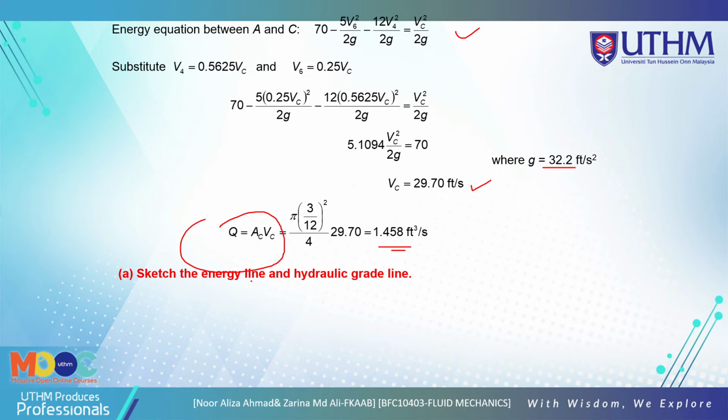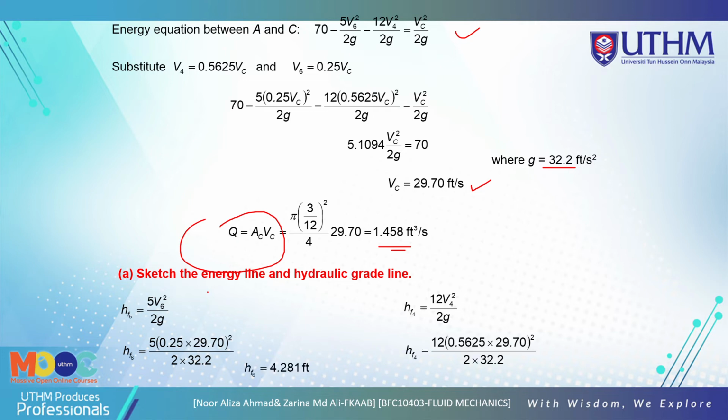Then sketch the energy line and hydraulic grade line. After you get the value, you must sketch the hydraulic grade line and EGL. So you get the HF here. With VC here, you get the HF here and the HF here.